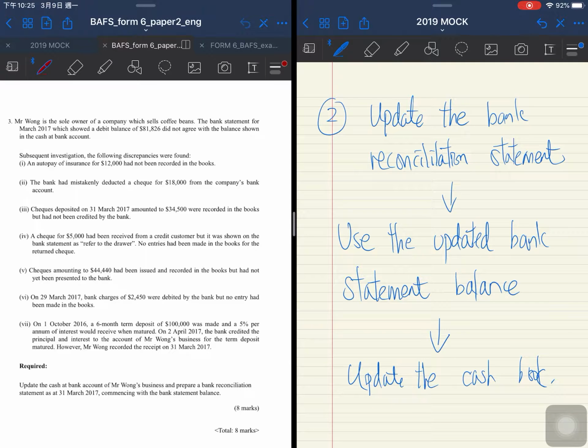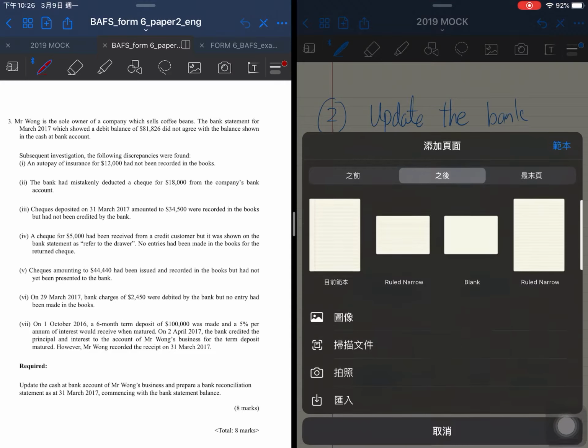So in this question we have to use the second way, that is, update our bank reconciliation statement and then use the updated bank statement balance to update the cash book.